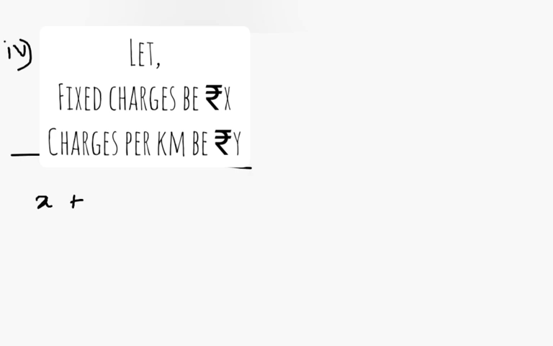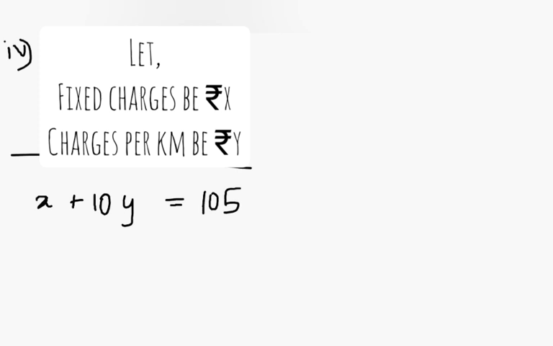So what I mean is, if the fixed charges is rupees x, then x will be added always, and for the charges per kilometer you will add the charges per kilometer, that is rupees y, along with the total distance covered, which is 10 kilometers in this case, and for that he paid a sum of 105 rupees.